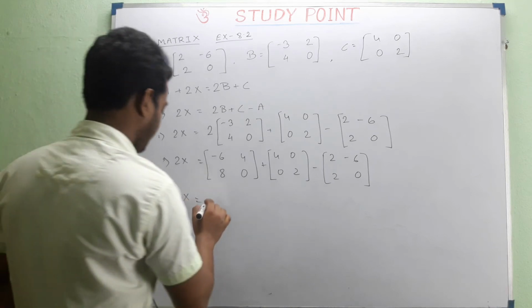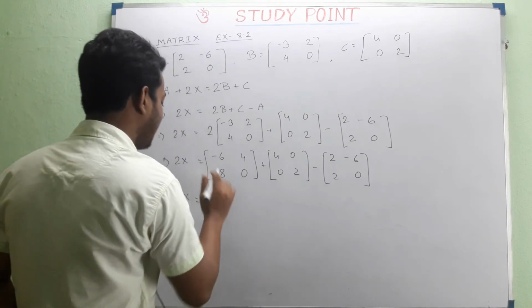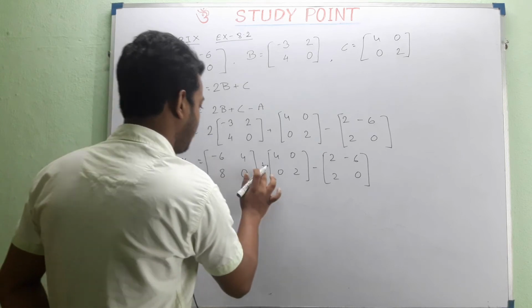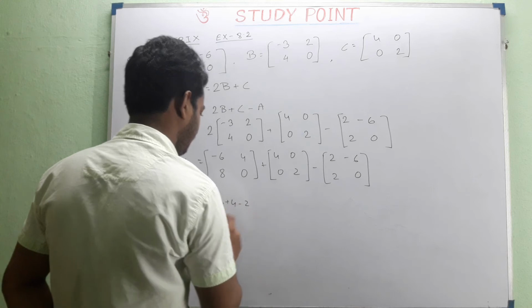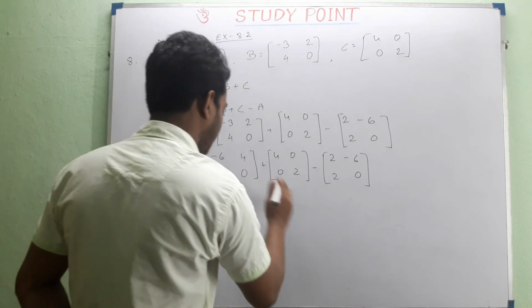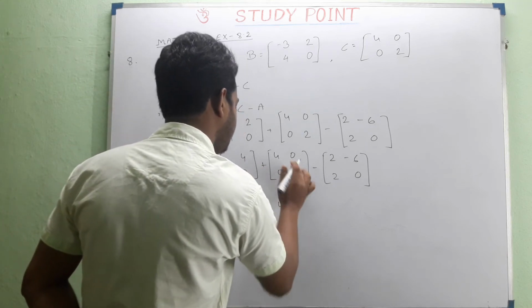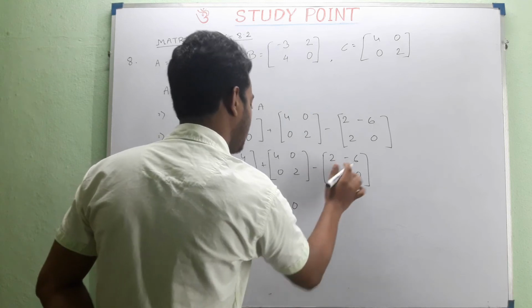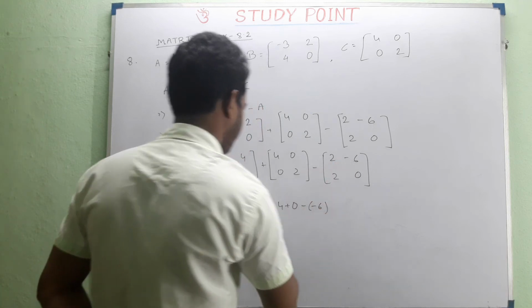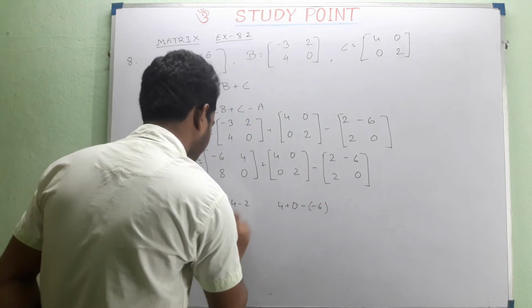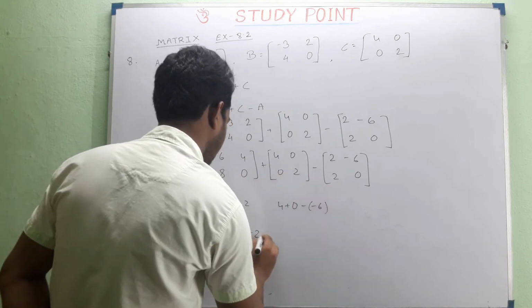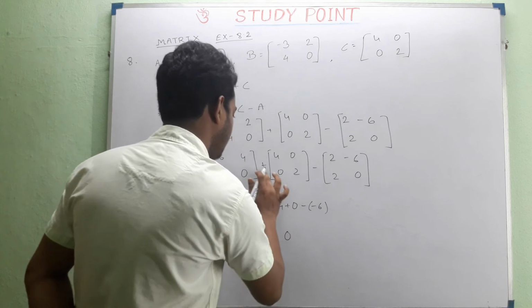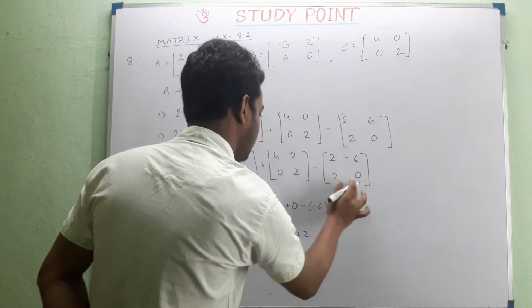And in the next line we have to calculate the addition and subtraction part. Now see, here it is minus 6 plus 4 minus 2. Here it is 4 plus 0 minus of minus 6. Here it is 8 plus 0 minus 2. Here it is 0 plus 2 minus 0.